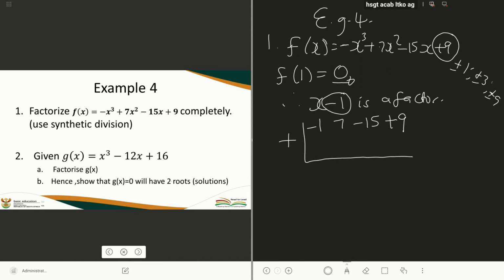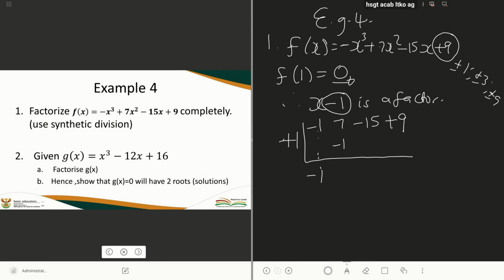Now, remember, here is positive 1. You need to bring down your first coefficient, which is negative 1. So positive 1 multiplied by negative 1 gives negative 1. You write it underneath the next value.